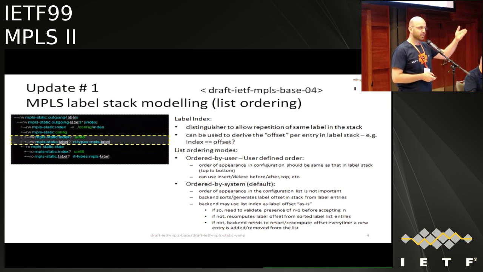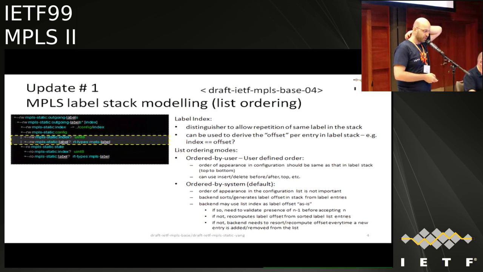Let's say, for example, the index is not consecutive or contiguous. They can sort by index, generate an offset off of that and produce the label stack. Obviously, every time we add a label in that list, the backend has to do some sorting to produce the final set of labels to push or update on the packet. So these are the two modes that we tried to discuss.